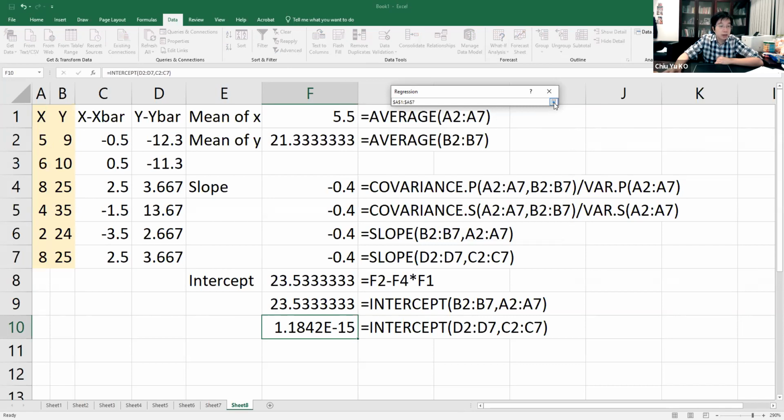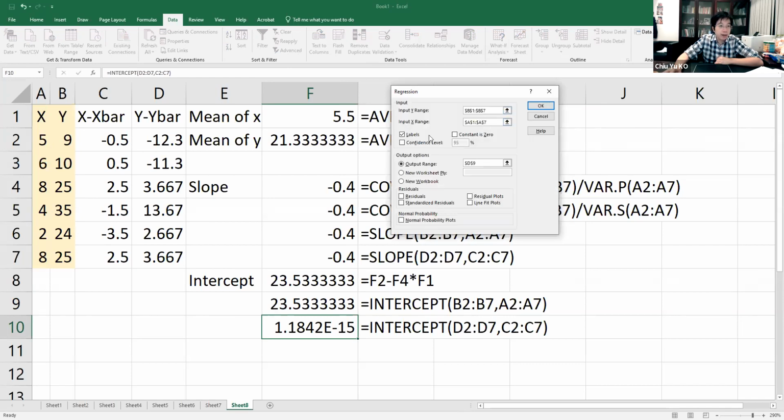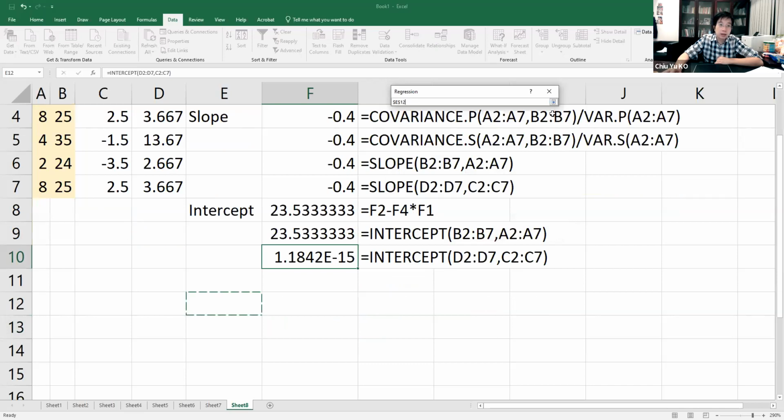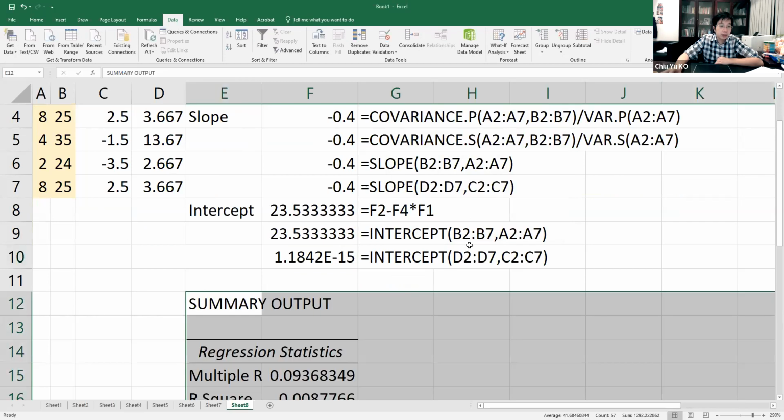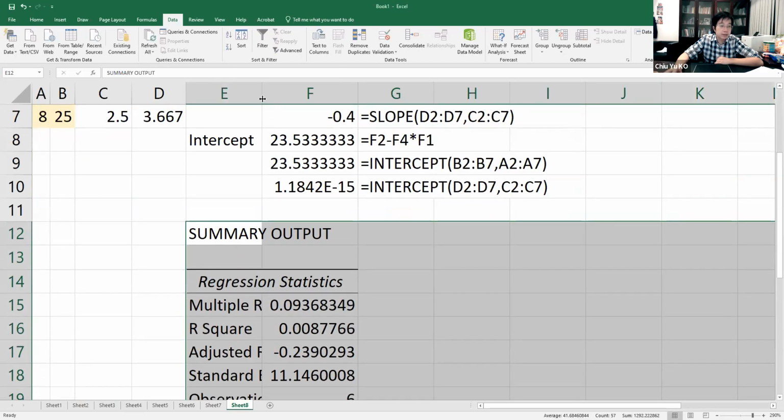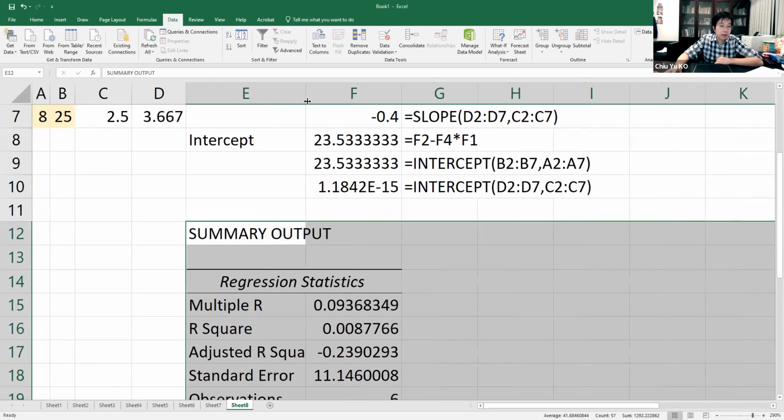Okay, so you have X and Y. And because I've labeled them at the top, I check the labels box here. Now let's see where I want to output this. I want to put it here, maybe. You can put whatever you like. You click OK. Okay, so let's see the result.